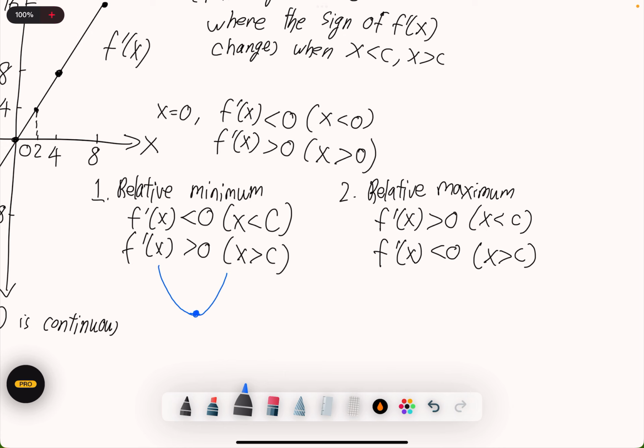You can imagine the quadratic graph facing upwards. And this would be the relative minimum here, right? And the relative maximum is the exact opposite. As you can see from the word maximum, this is the highest point in this area of the graph. So say this is the critical point. You can imagine a quadratic facing downwards.